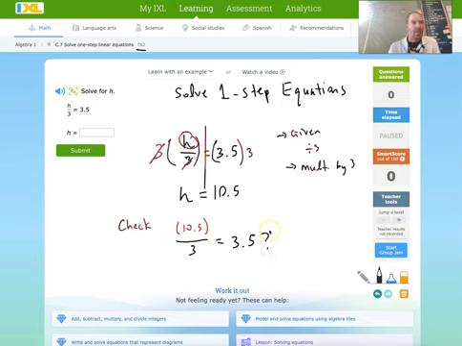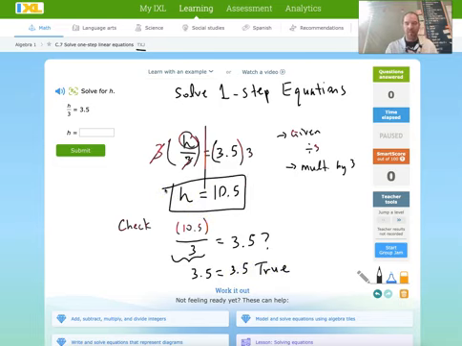Is that true? Again, I can use my calculator. I have 10.5, and if I divide that by 3, the calculator says 3.5. So the equation then says 3.5 equals 3.5. That is true, so I go, hooray. I like my answer of h equals 10.5.